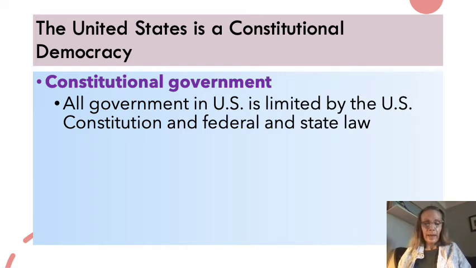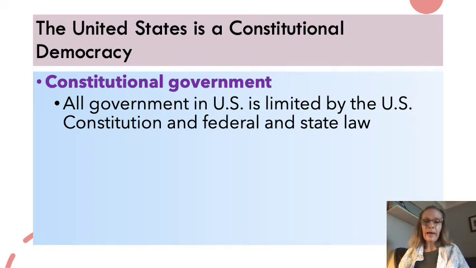As we're going to be learning in the course of the semester in a couple of weeks, the Constitution tells us the specific powers of Congress, the specific powers of the presidency, and the specific powers of the Supreme Court. Congress can't engage in actions that are not specifically related to their enumerated powers.